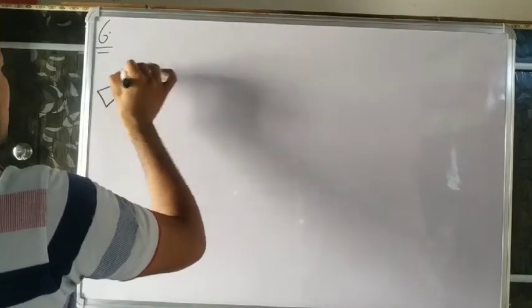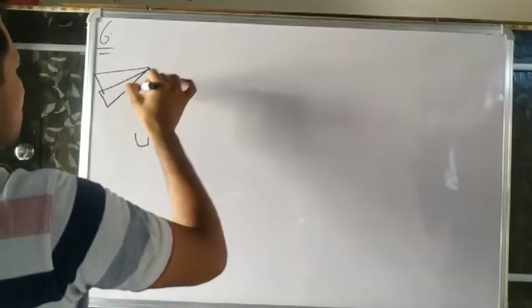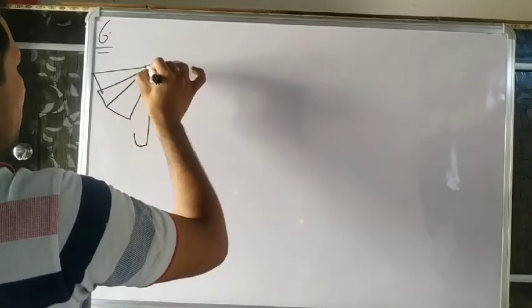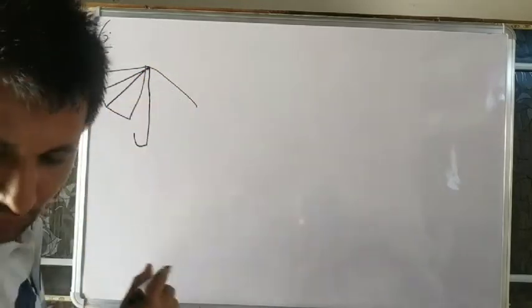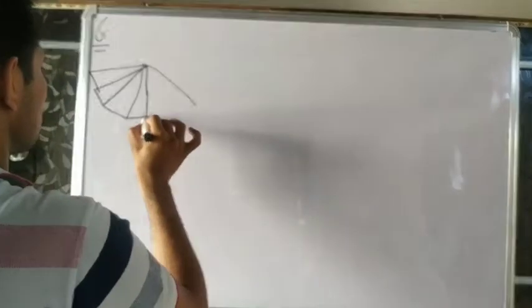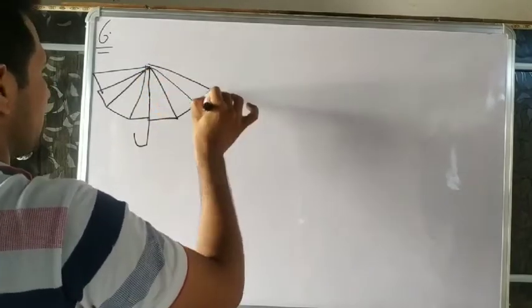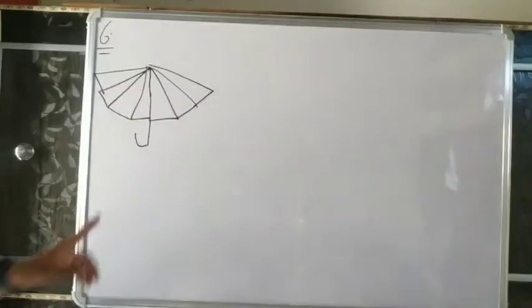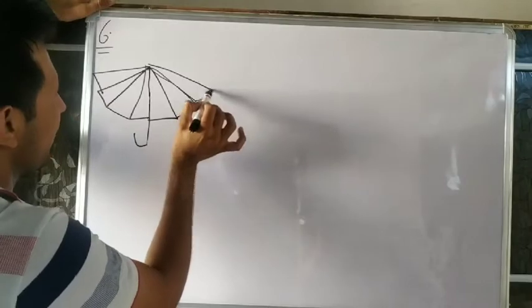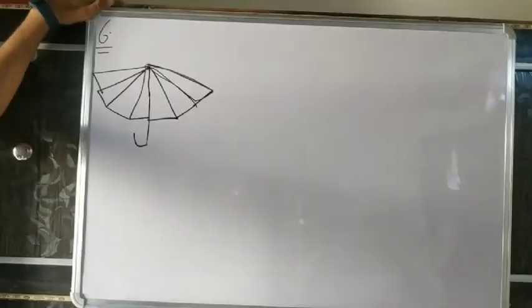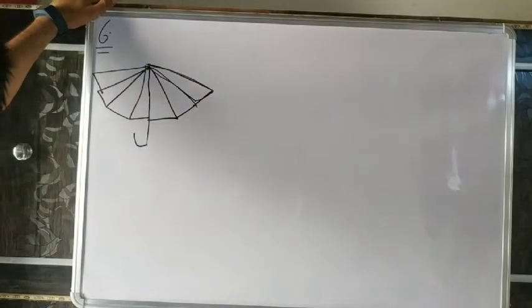1, 2, 3, 4, 5, 6. Like this, an umbrella is made by 10 stitchings, and we can see every stitching is in the shape of a triangle. It's made of triangles, and we know they are of different colors.